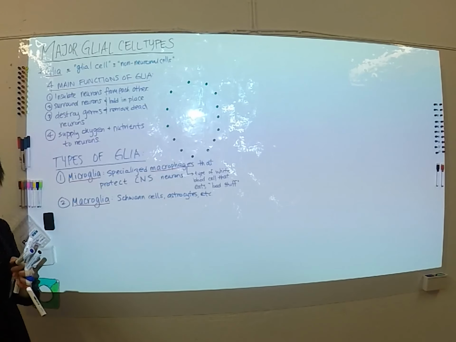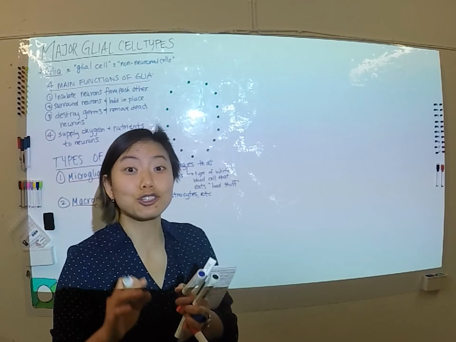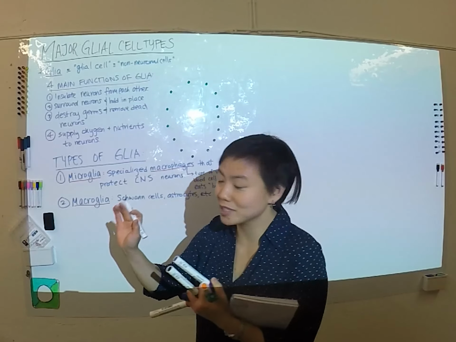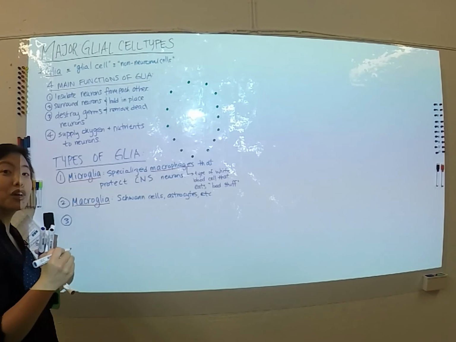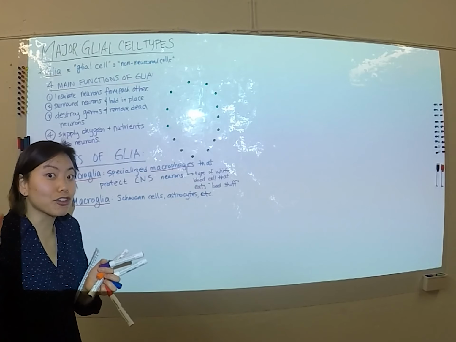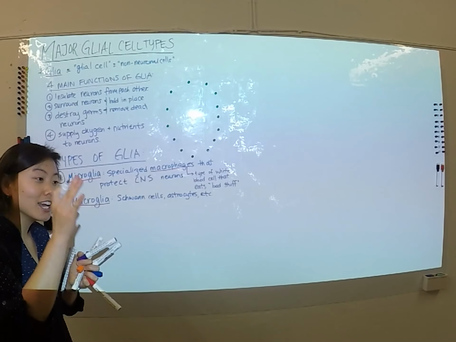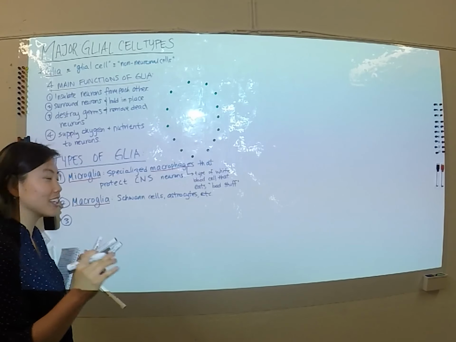And then finally, as I mentioned before, we're just starting to learn about glia, so there's a lot that we don't know about glial cell types. So I'm going to put down here category number 3 as other. We don't know. We might be discovering more. This is a very open and fresh area of research, so it's very exciting.